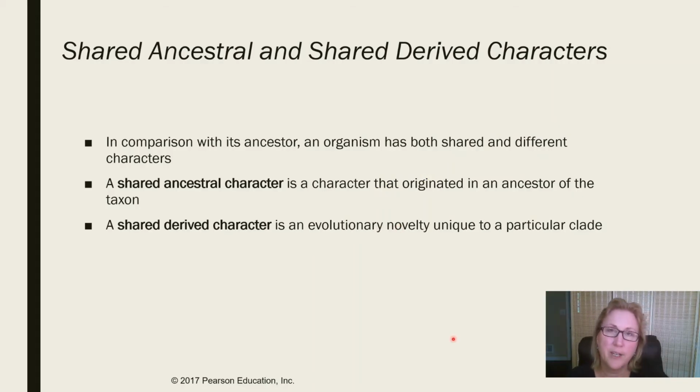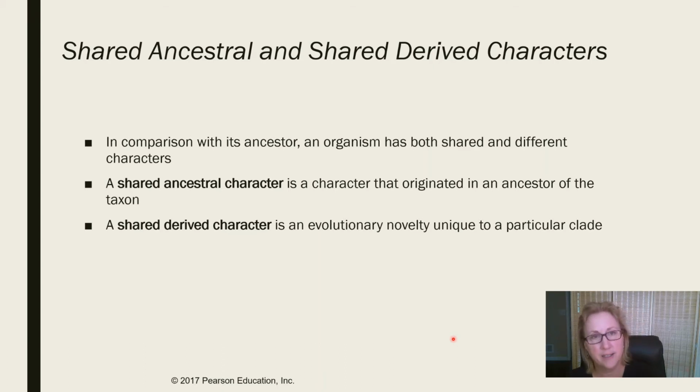All right, so when we're looking at phylogenetic trees and the traits of the different species, there are ancestral traits and derived characters or derived traits. A derived trait is something that appeared in a particular branch, a particular selected-for trait. So leglessness in snakes would be a derived character of the snake lineage that's not shared by lizards.